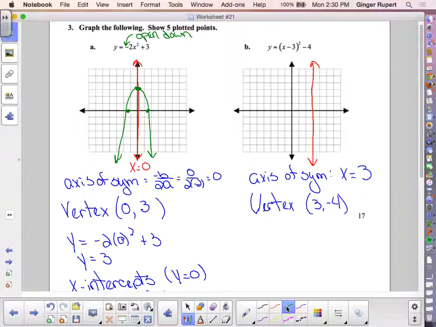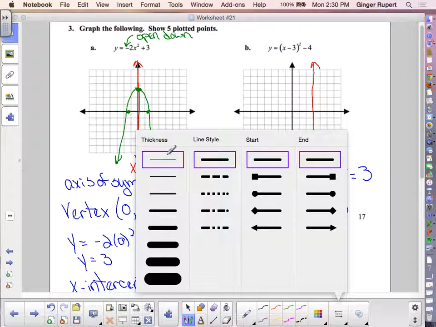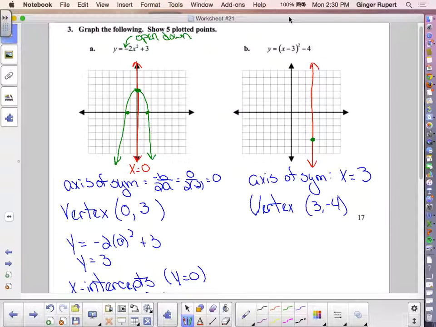Vertex is at 3, -4. Then we want to find the y-intercept. Remember, we find the y-intercept when x is equal to 0. So y is equal to 0 minus 3 squared minus 4. So that's going to be negative 3 squared, which is 9, minus 4, which gives us a y-intercept at 5. So that will be at 0, 5.